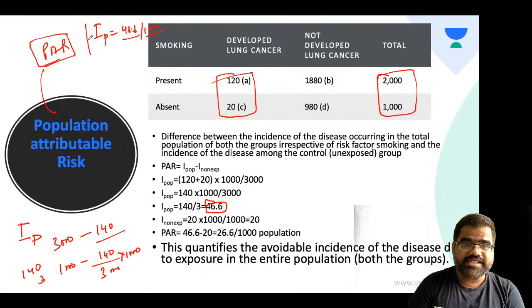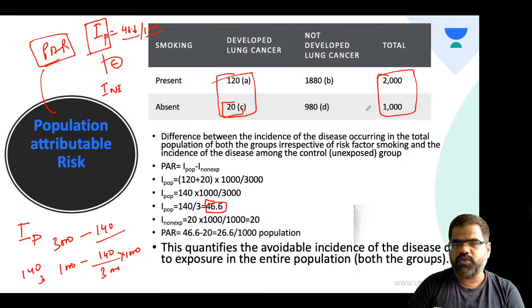Now you have this incidence in the entire population. From this, can you subtract incidence in non-exposed? You know what is the incidence in non-exposed, which is 20. Out of 1000, only 20 people have developed lung cancer in the non-exposed group. So, students, what you do is incidence in population minus incidence in non-exposed.